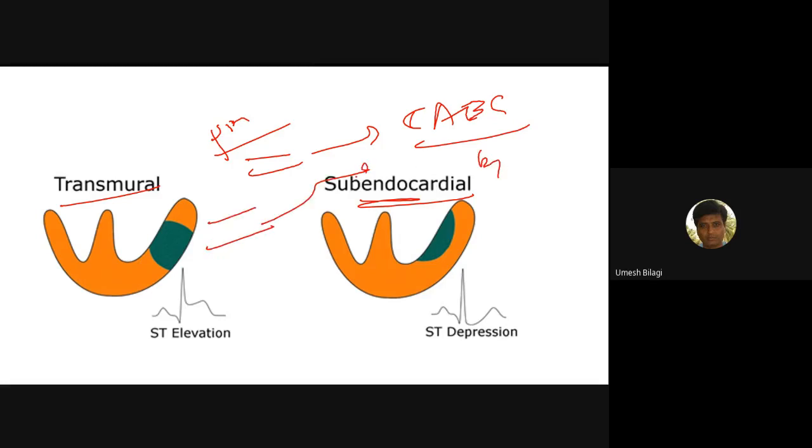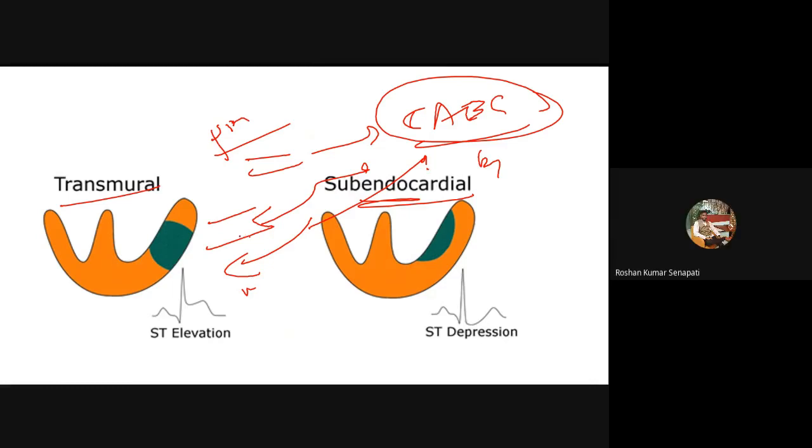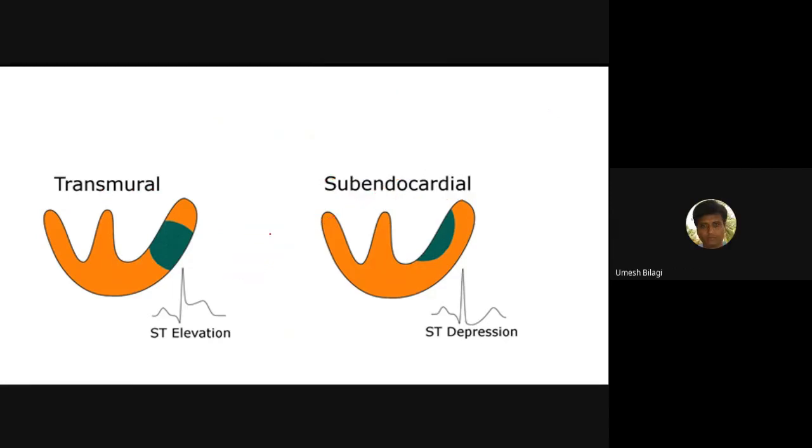There are criteria. I don't think you need to worry about all those indications, when patients should be sent to angioplasty, when should be sent to CABG. Just know that these facilities are available, and I think that is more than sufficient. Read about them, because there is a lot more for you to know.